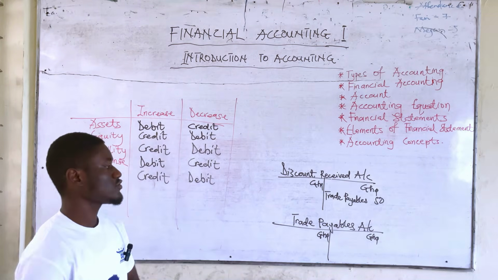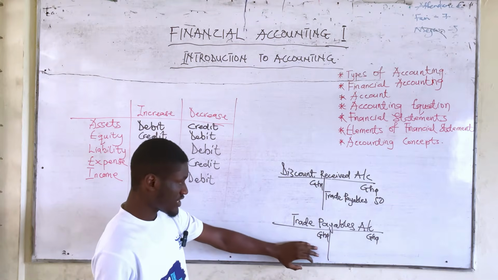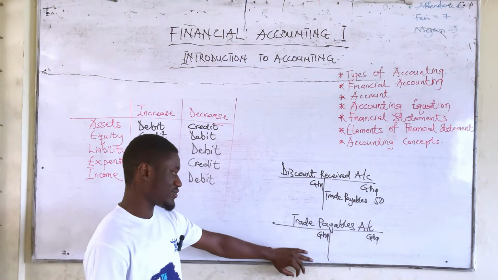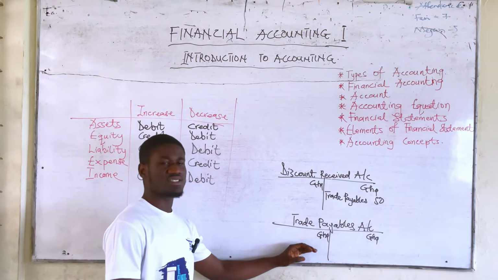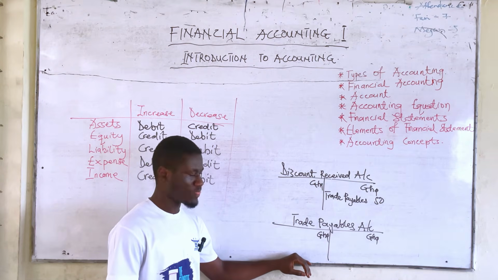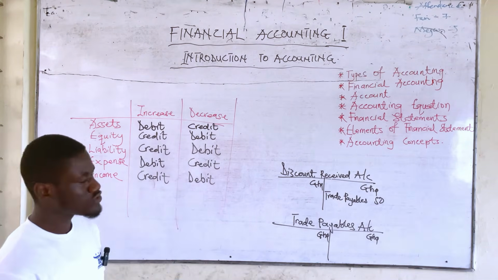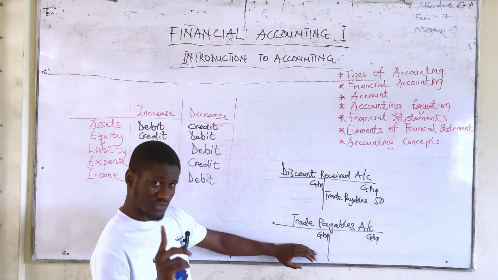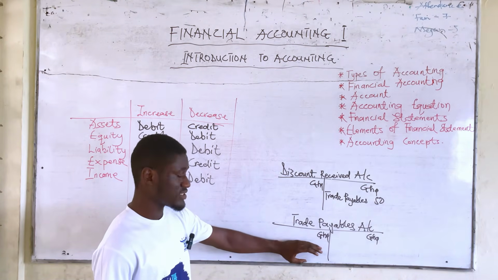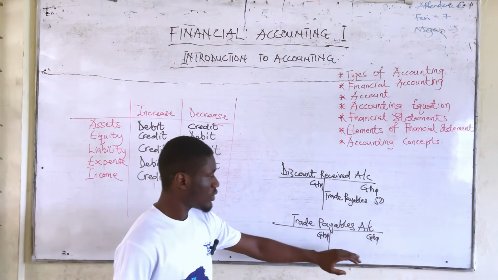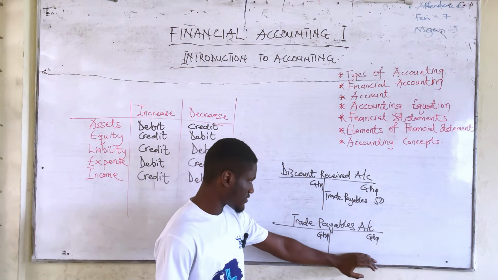Okay. So let's go to the understanding. Trade payable, you should know that is a what? Liability. What has happened to trade payables here? You should know that when there's a decrease in trade payables, which is a liability, we are going to debit. When there is an increase, we are going to credit.